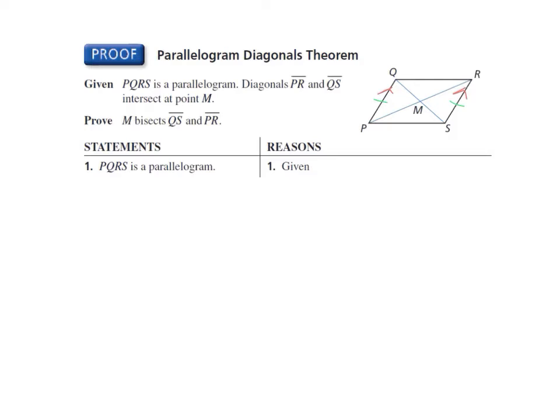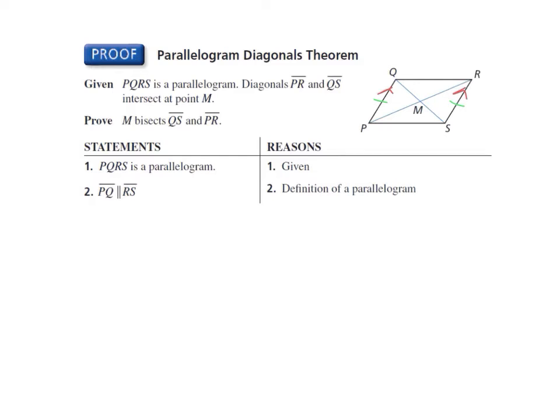So that's what those statements separately can be in our proof. So let's start with opposite sides parallel. So we can say that PQ is parallel to RS is our statement, reason, definition of a parallelogram. Or you could say your implied statement, which is parallelogram implies opposite sides parallel.